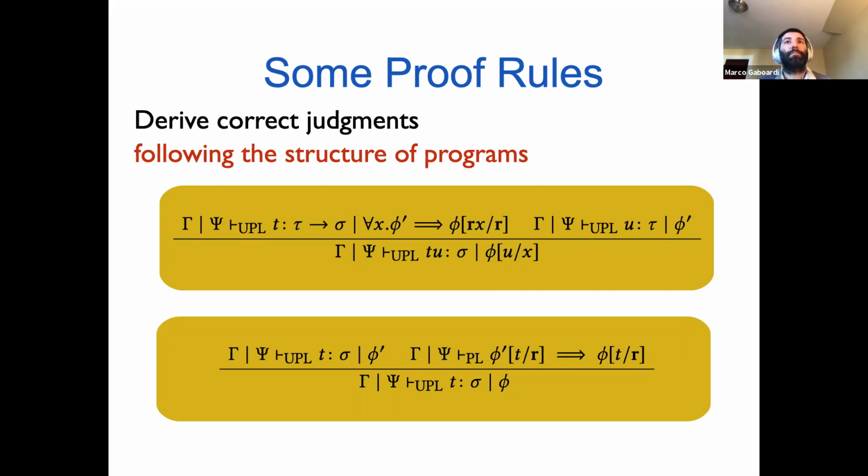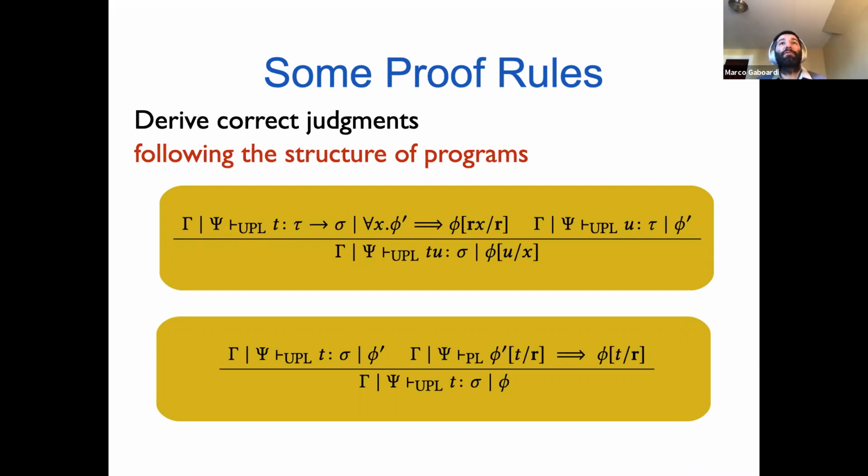The first rule is the rule for application, and you can think about this as a dependent application in independent types. So we assume that T has a postcondition, or a type, as for all x, phi1 implies phi, where we replace R in phi with R of x.